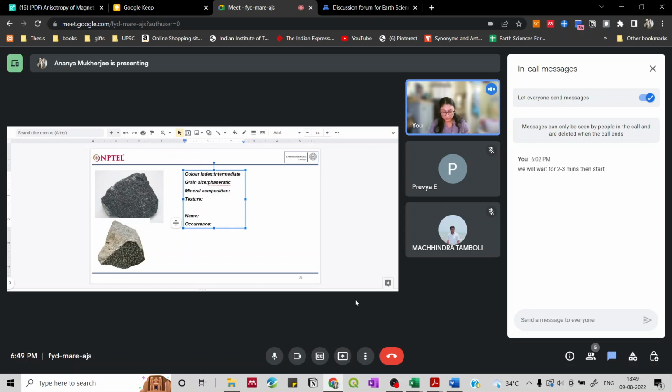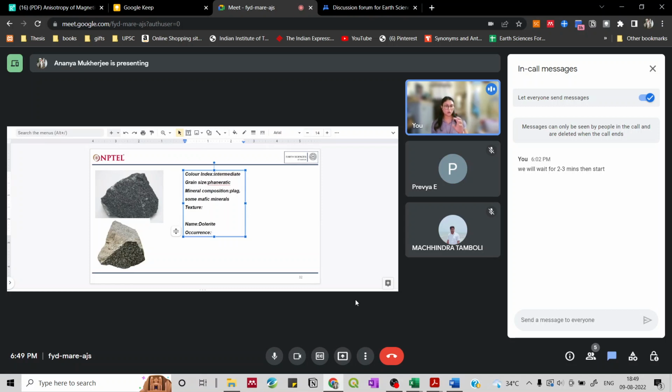So this has plagioclase and some mafic minerals. The texture for this, again we can say, is a phaneritic texture. We cannot see the mineral grains very clearly and there is no big grain surrounded by smaller grains, so we cannot even call it the porphyritic texture. The name for this is dolerite.